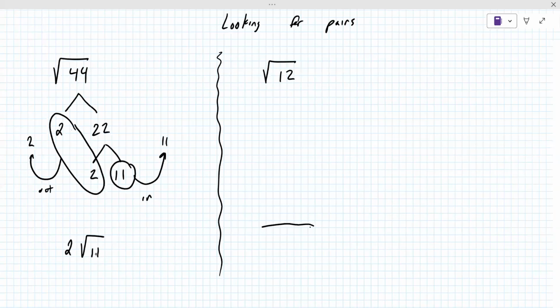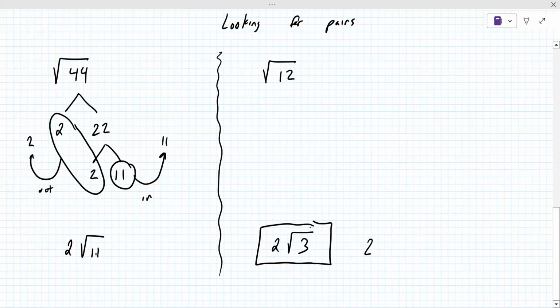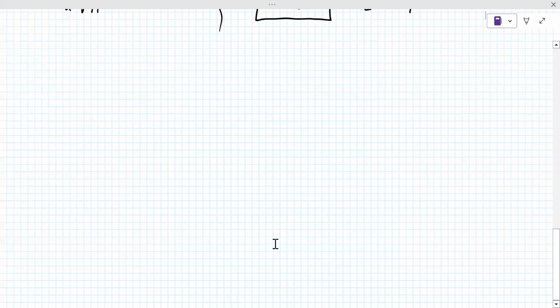Give me your final answer down here. What goes outside the root? What goes inside? On the outside is 2, on the inside is 3. Okay, so this is stated as 2 square root 3. And then obviously you draw the symbol. Good.